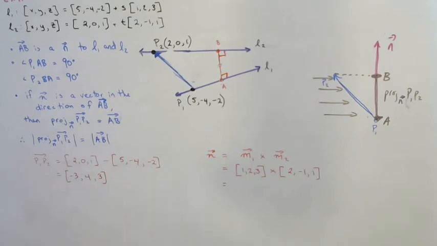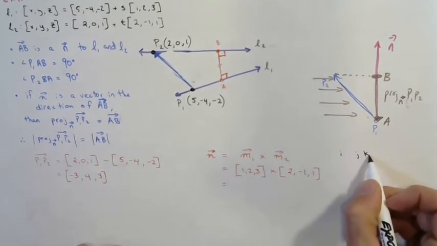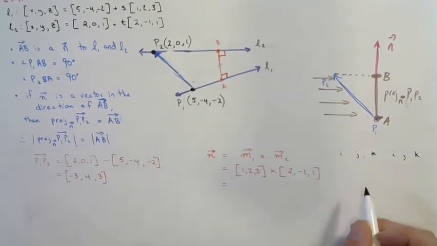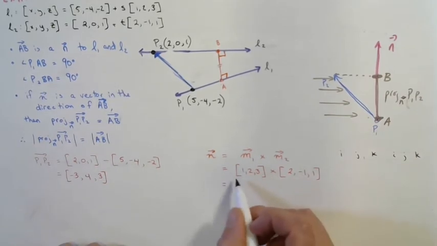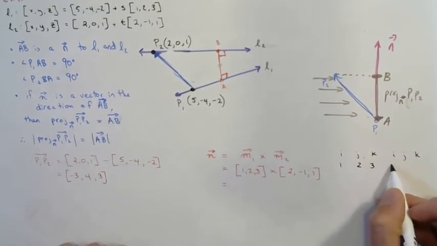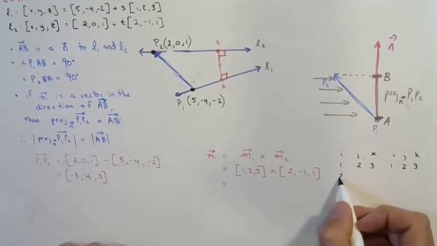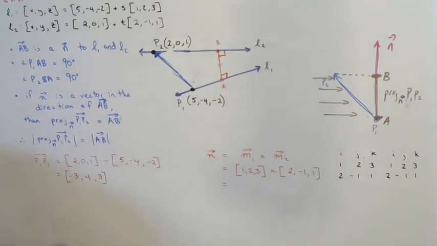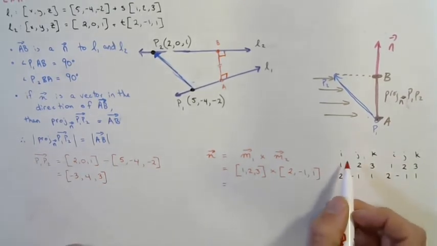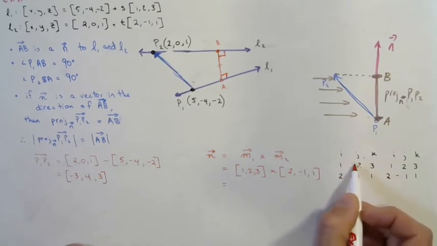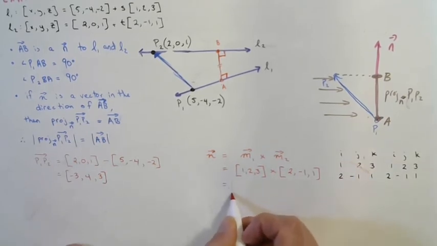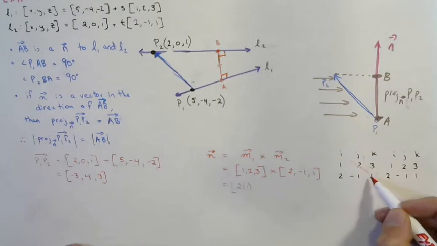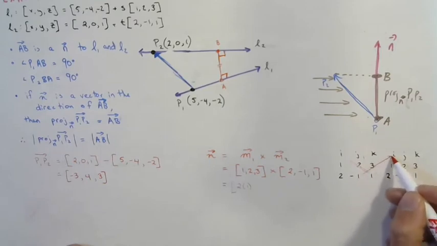Now I'm going to take the cross product of those, and in case we forget how to do that, we'll put the little diagram off to the side again. We've got i, j, k, then direction vector 1 is 1, 2, 3, and then 2, negative 1, 1. For i, we've got 2 times 1, minus negative 1 times 3.